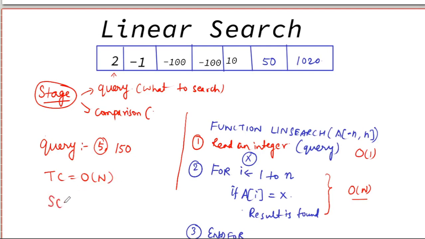The space complexity for this is big O of 1, as there is no additional array or any data structure used.